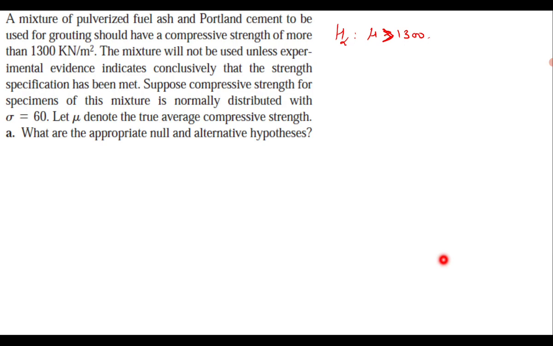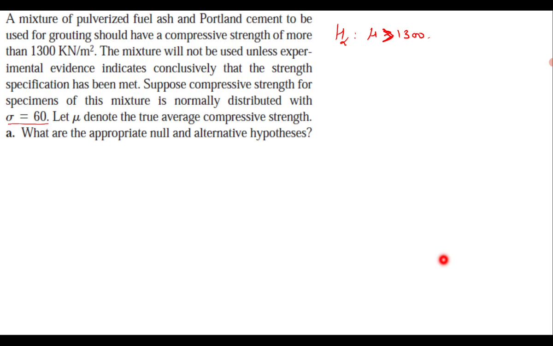Suppose compressive strength for a specimen is normally distributed with sigma 60. Let mu denote the true average compressive strength. What are appropriate null and alternative hypotheses?